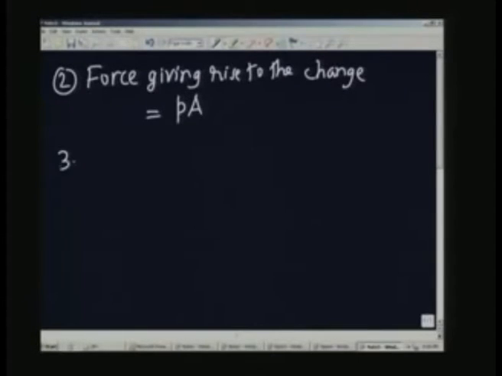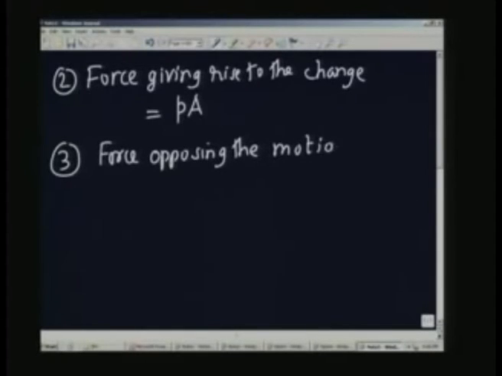Number 3, the force opposing the motion. Actually there are two forces opposing the motion, and therefore, I will say A, weight of the column h.